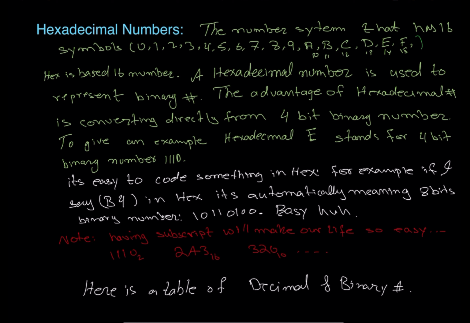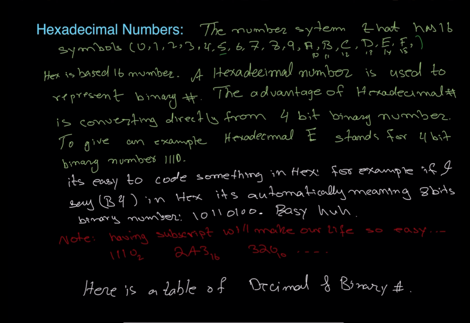The advantage of that is because it's converting 4-bit binary numbers. Every digit in a hexadecimal number represents a 4-bit binary number. For example, 5 in hexadecimal has a 4-bit binary number representing it in the binary number system. So that's what I'm saying right here.